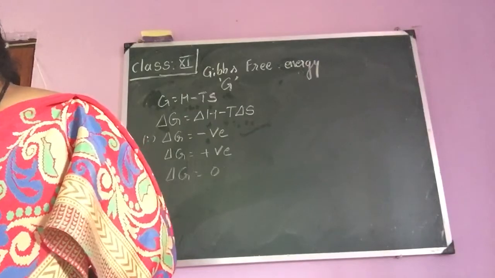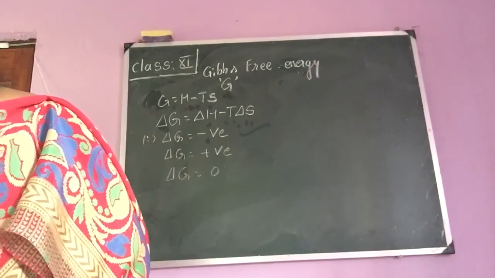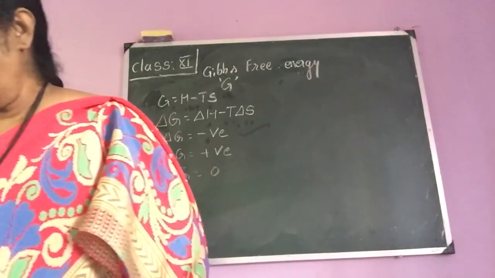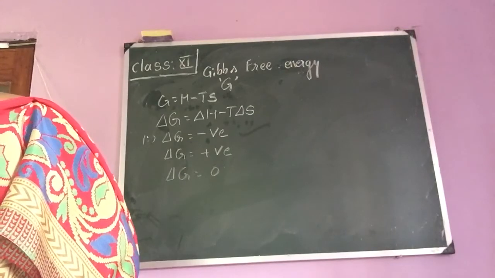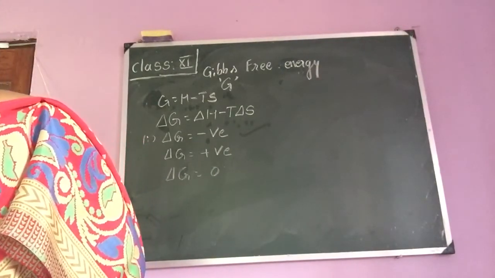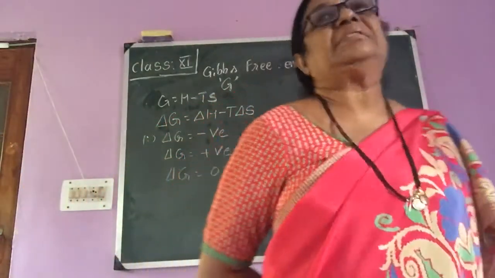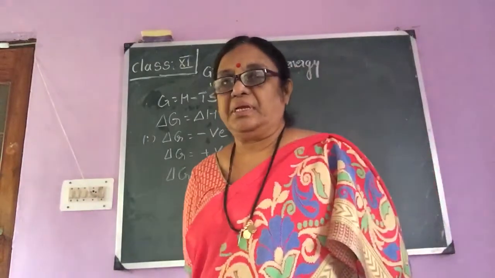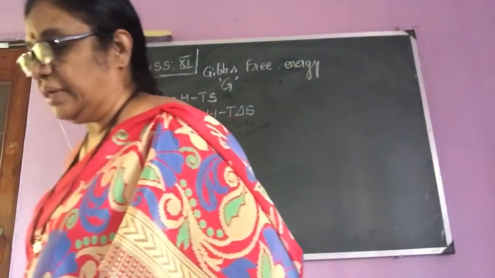Then the standard Gibbs energy change. The standard Gibbs energy change is defined as the Gibbs energy change for a process in which the reactants in their standard state are converted into products in their standard state. Now, what do you mean by standard state? Temperature is 25 degrees C or 298 K, 1 atmosphere pressure.